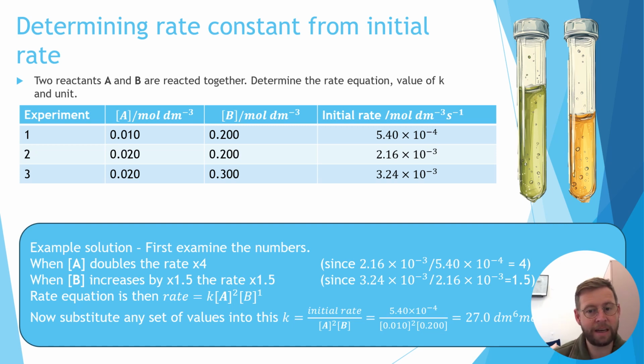I've taken that first experiment: the initial rate of 5.4 times 10 to the minus 4, divided by the concentration of A, which was 0.01 squared, multiplied by the concentration of B, 0.2. And there you can see I've managed to get to an answer of 27, and there is the unit.